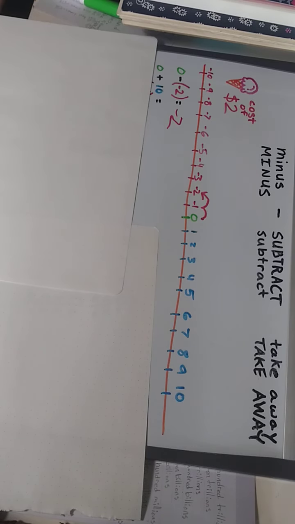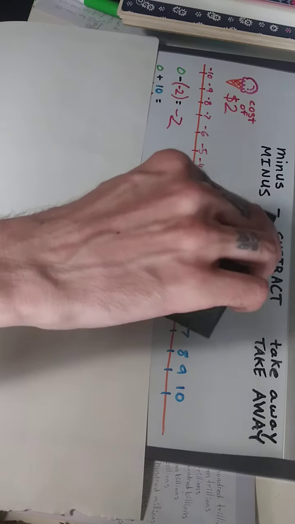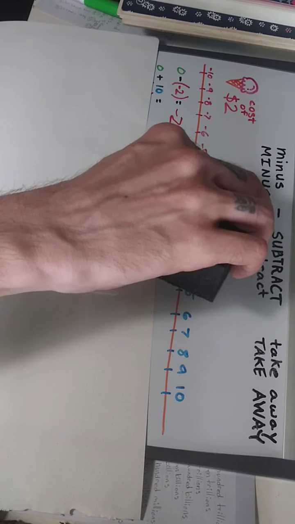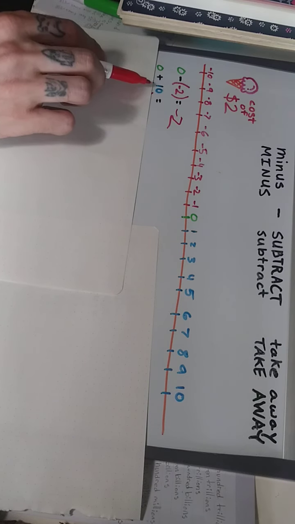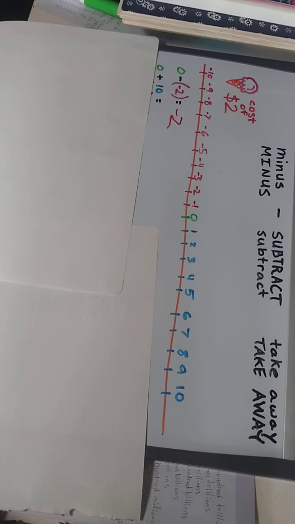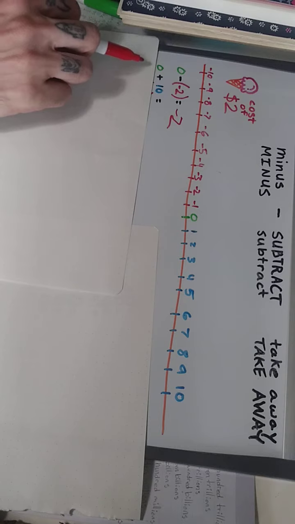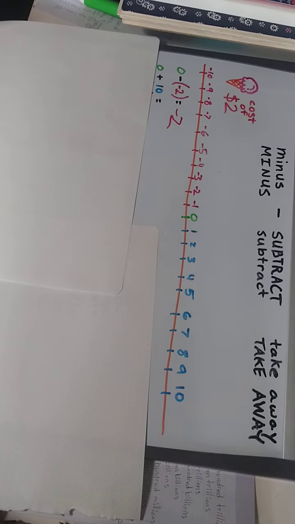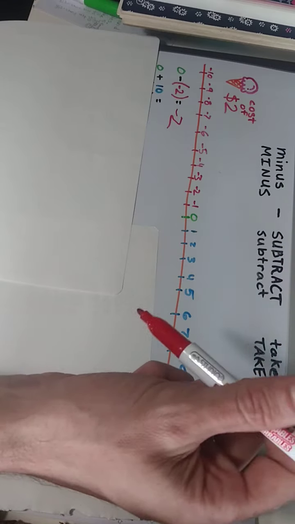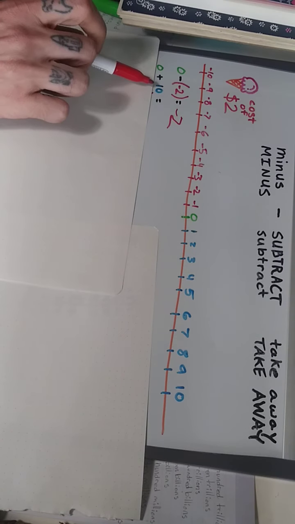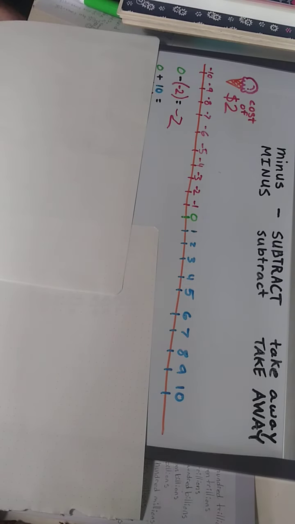Then we could say we have $0, and then we look into our pocket and we pull out $10. So 0 plus +10. We could write the positive there in brackets, but usually that's how you see a positive number.